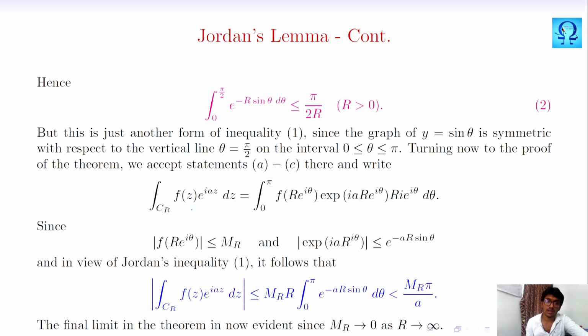So z is given the notation r e to the i theta, so exponential of i a r e to the i theta, and when you differentiate this one, this is r e to the iota times theta. So we have all these things.